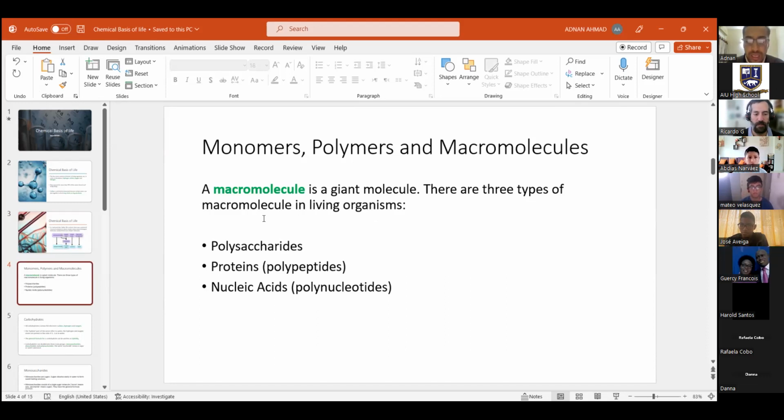In terms of chemistry, a macromolecule is a molecule that is composed of many different atoms. We have 3 main types of macromolecules, which are also biomolecules: polysaccharides, proteins, and nucleic acids. So let us talk about polysaccharides or carbohydrates.